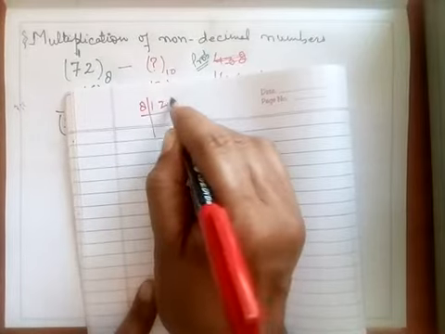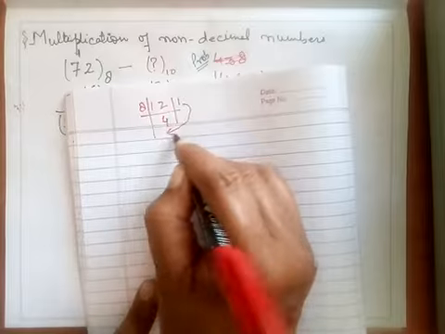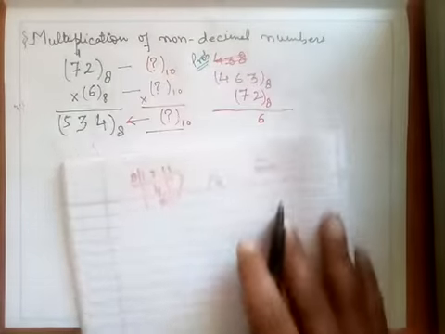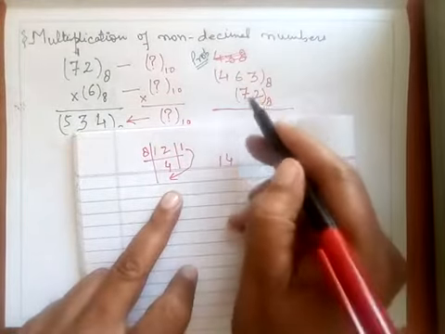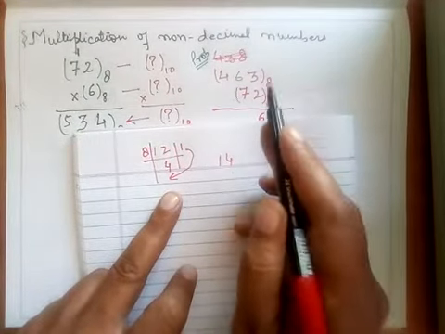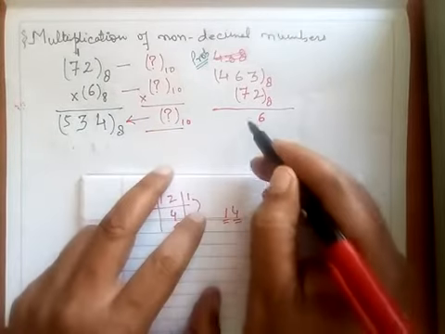Divide by 8: 8 ones are 8, remainder is 4, so it is 14. So 2 6s is 14 in octal. I write 4 here and 1 is carry.